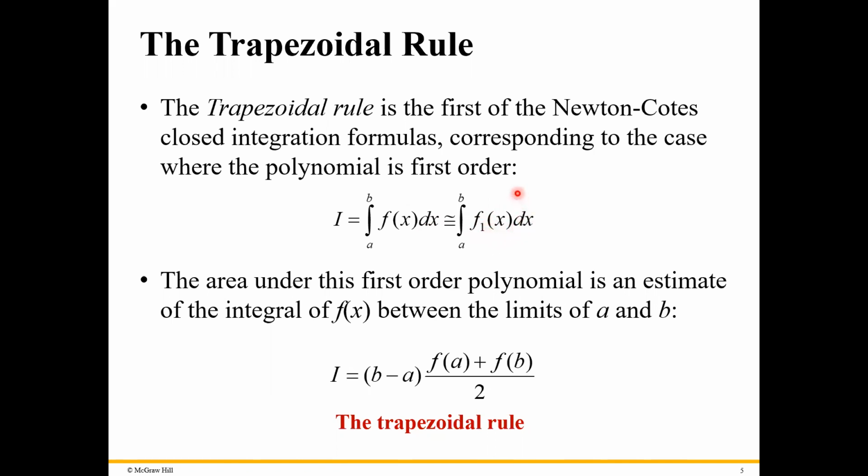Now if it is a first order polynomial, its equation can be the equation of a straight line. When we input that equation of the straight line over here, it can be integrated analytically, and with some algebraic manipulations we will finally get this simple formula.